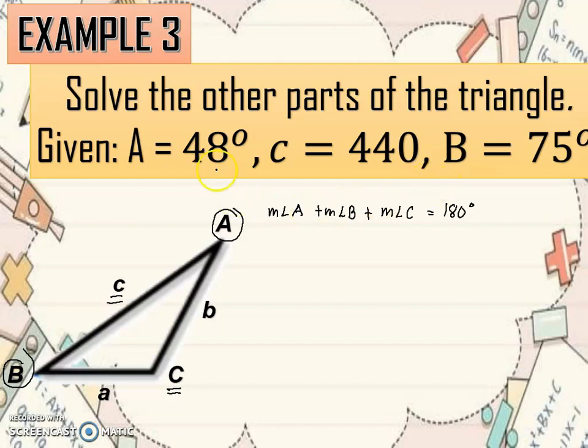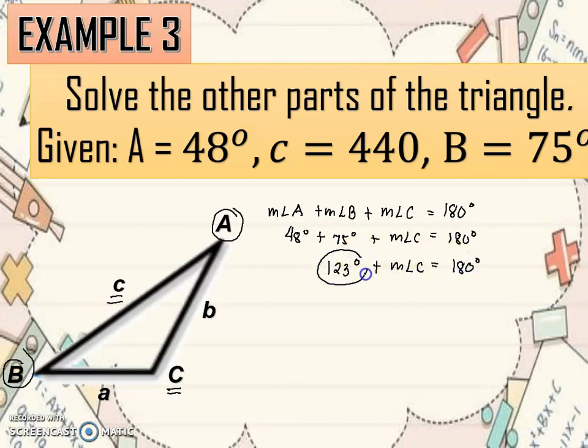So we will substitute. Angle A is 48 degrees and angle B is 75 degrees, and we are looking for angle C equals 180 degrees. You add 48 degrees plus 75 degrees. The answer there is 123 degrees, plus the measure of angle C equals 180 degrees.